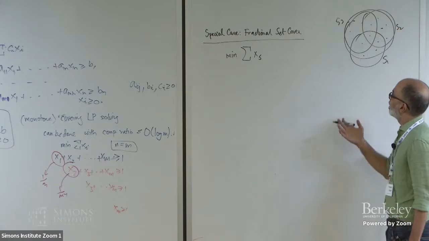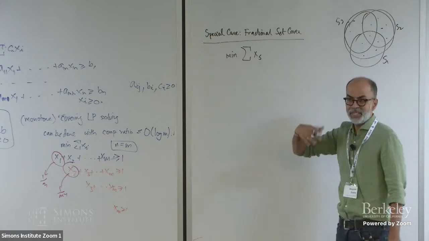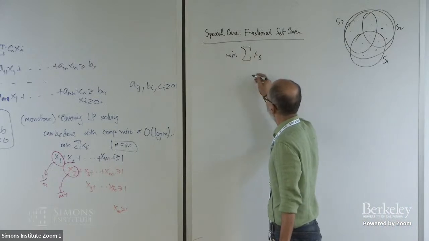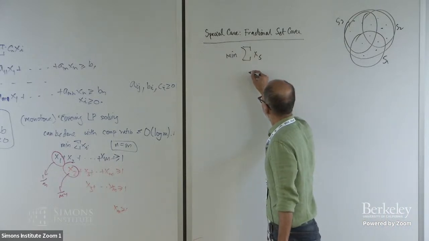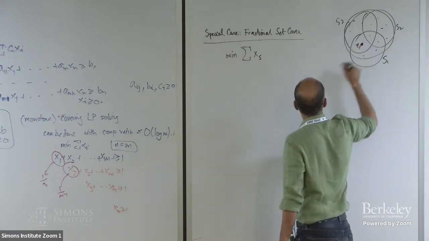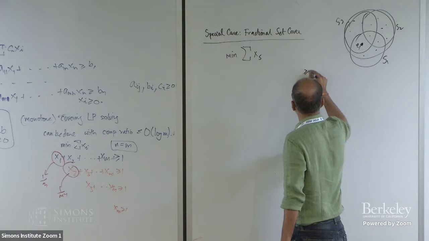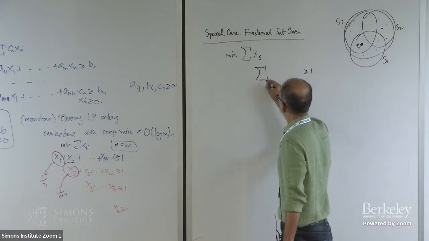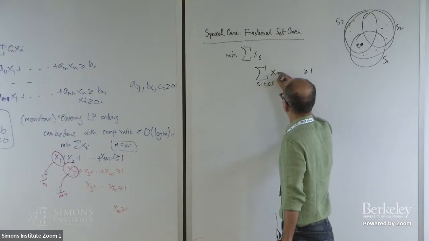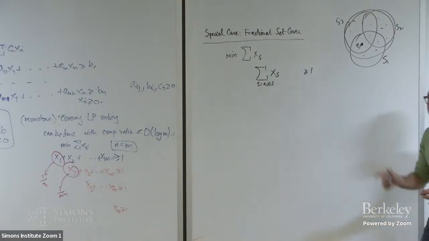I want to pick sets to cover the elements. So I want to minimize the number of sets I pick fractionally, such that for the first element, let's say E1, amongst all the sets that contain E1, I pick one fractionally.